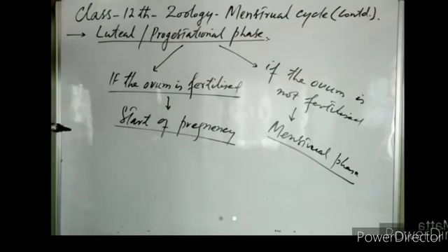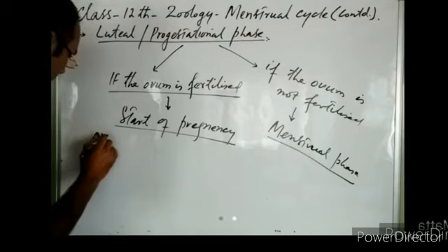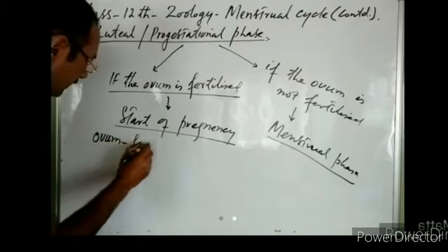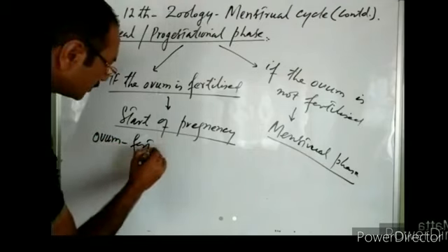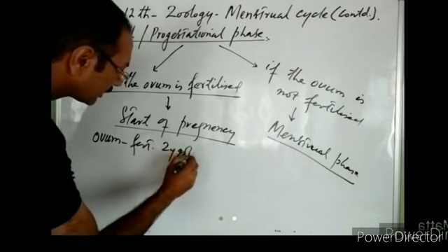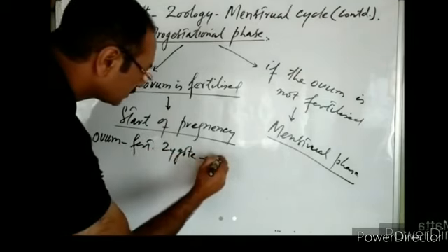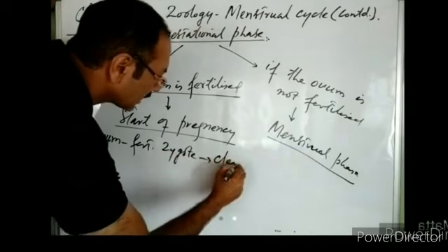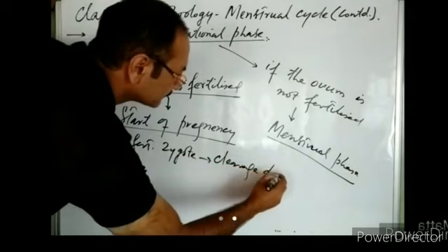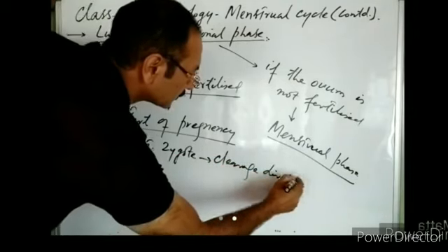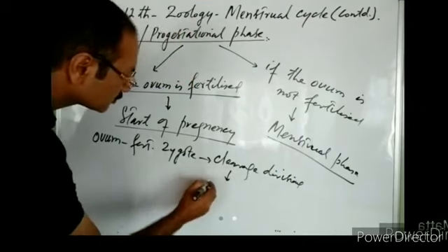What will happen in this process of pregnancy? As the ovum gets fertilized, it will change into a zygote. This zygote will undergo cleavage division and will change into morula.